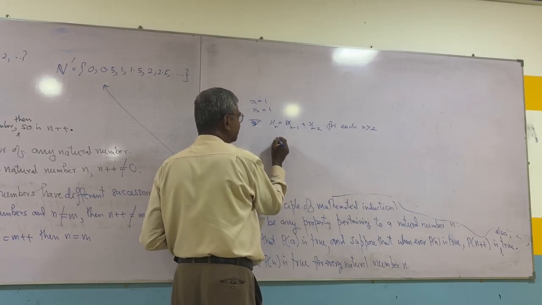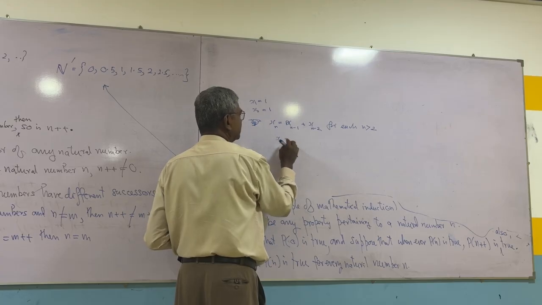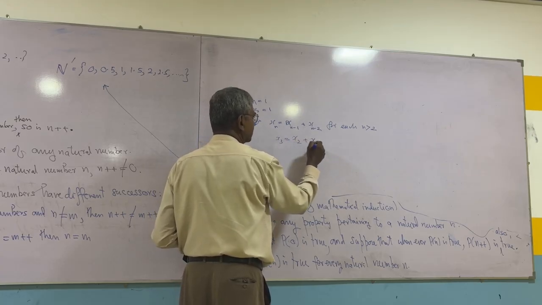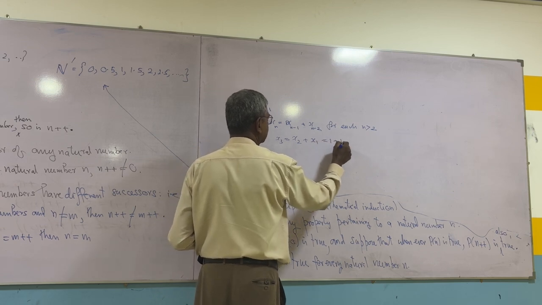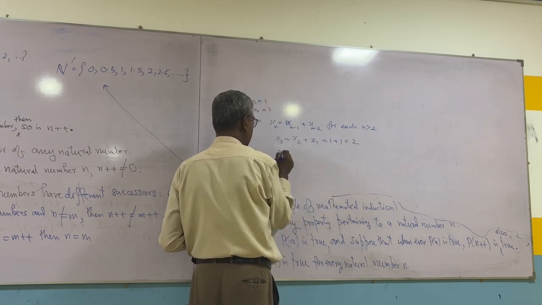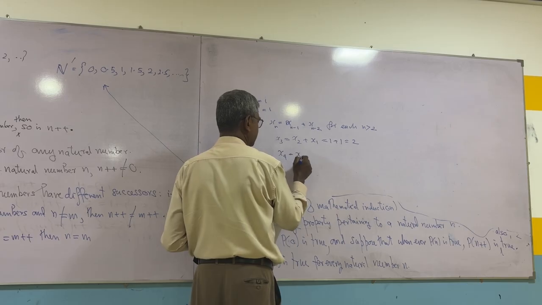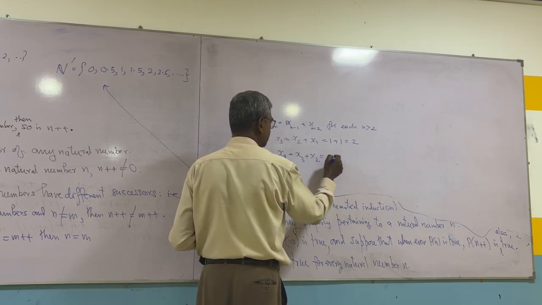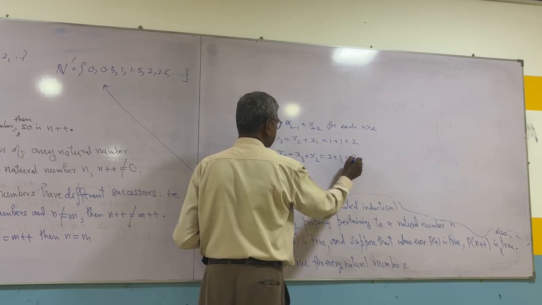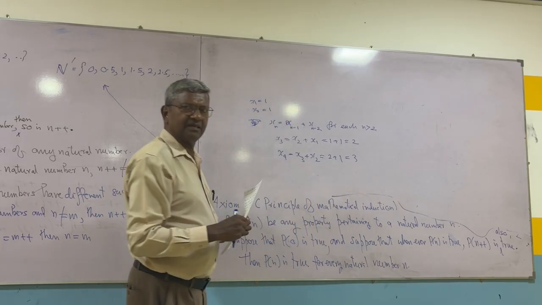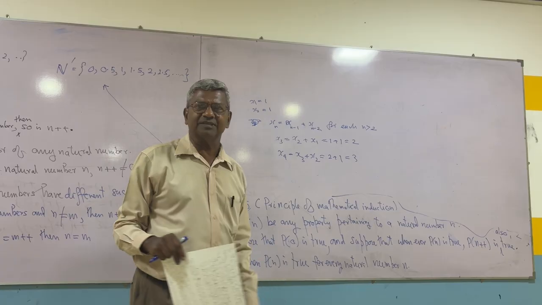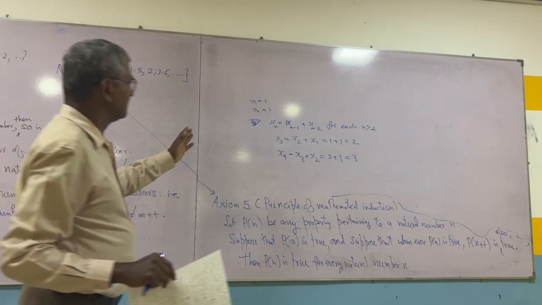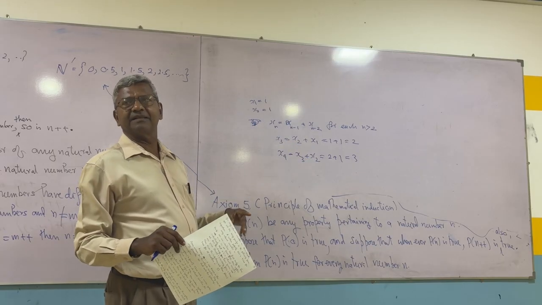So how much will x3 be? x3 is x2 plus x1, which is 1 plus 1, equal to 2. x4 is x3 plus x2, where x3 is 2 and x2 is 1. At once you cannot say what the formula for xn is, but this way you can find xn for any n.